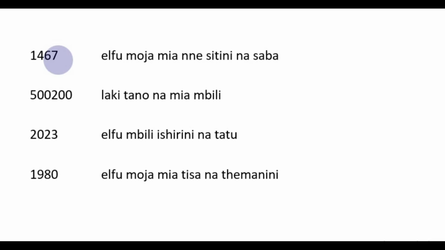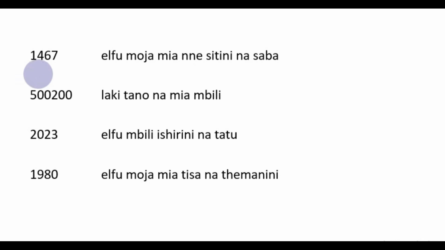Here we have these mixed numbers starting from 1000. The first one is 1467. So we simply add the thousands, hundreds, tens, and units.